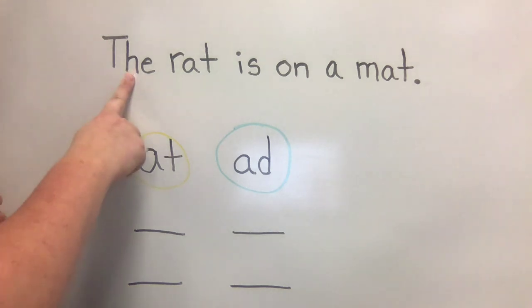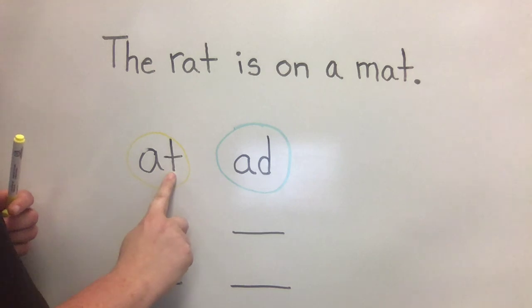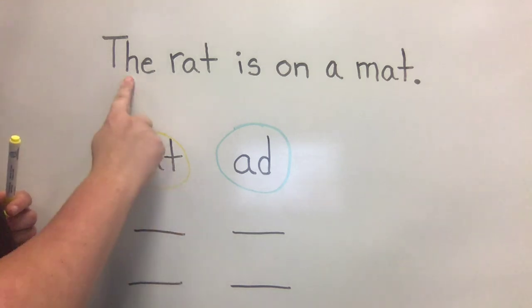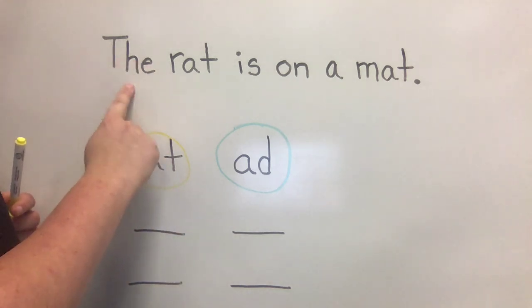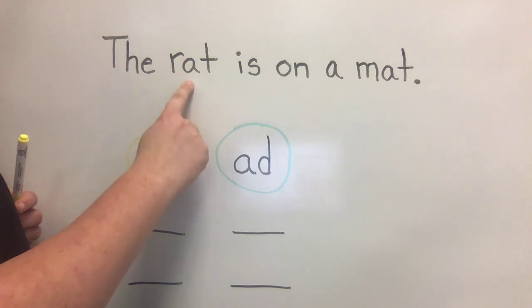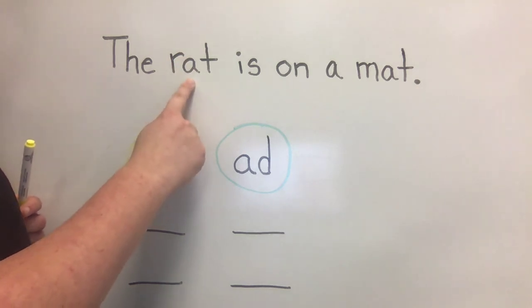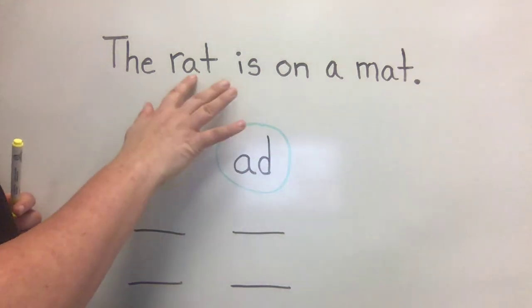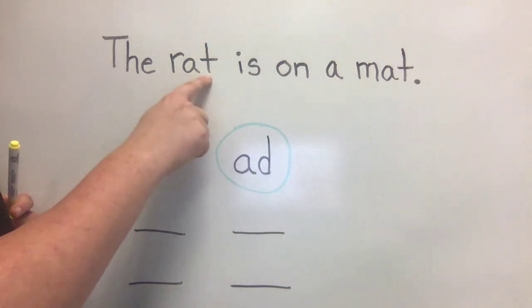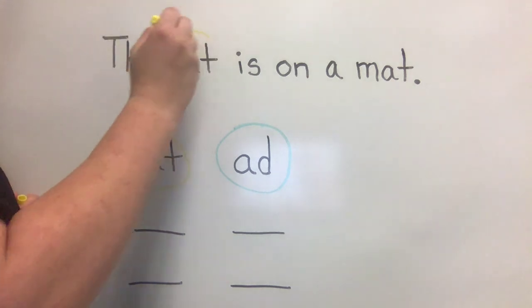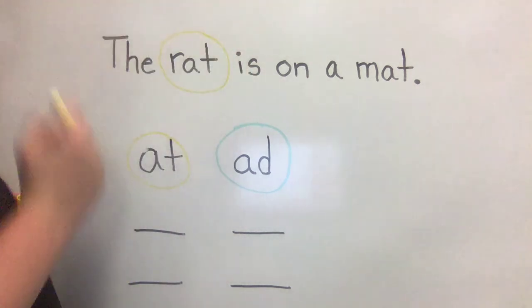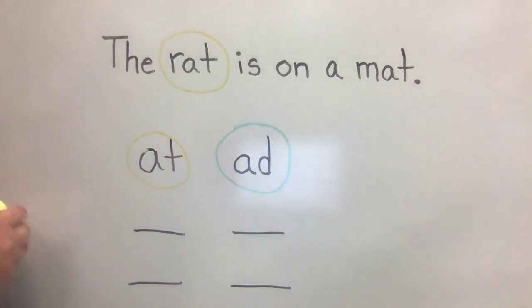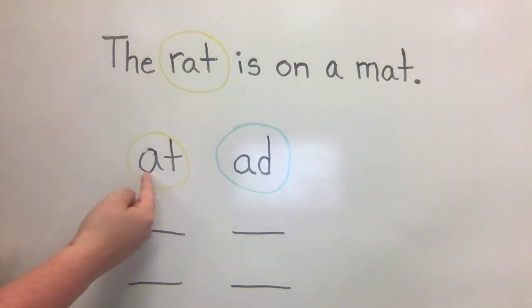Does this word, the, have at, the letters A and T here? No. What about this word? Does this word have the A and T next to each other? Yes, so what we're going to do is we're going to circle this word with our yellow crayon, and then you are going to write the word underneath the category at.